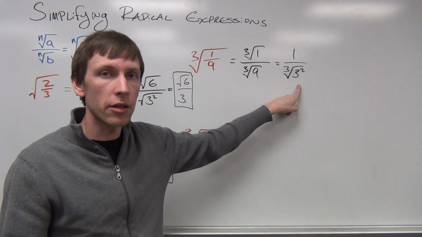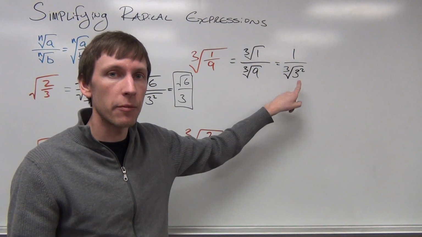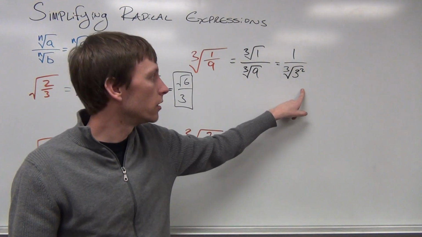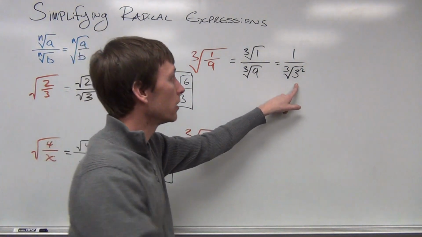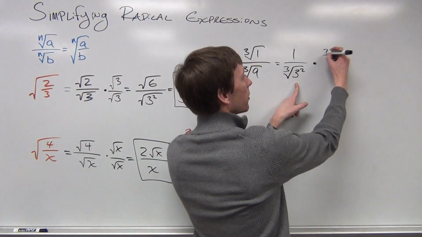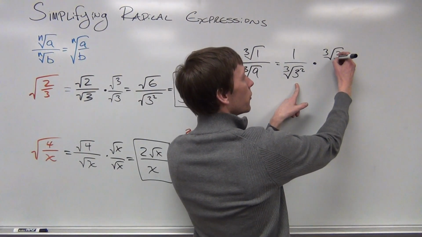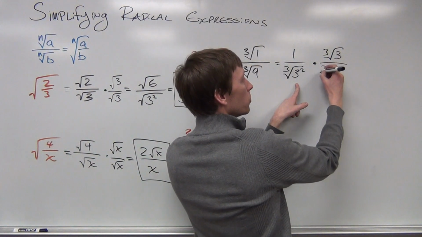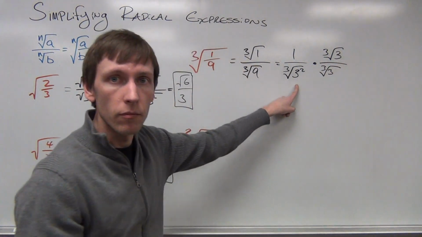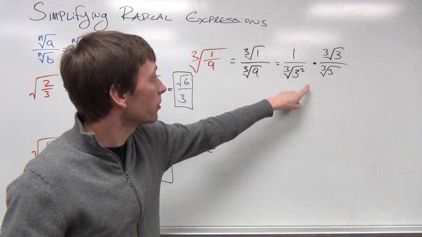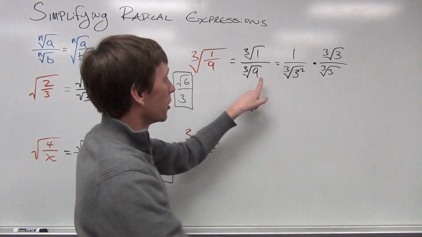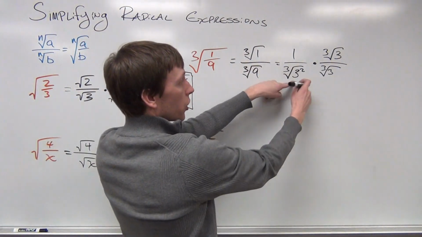Now, if I want to take the cube root, I need to have a perfect cube in my denominator. So I need to multiply by 1, represented as the cube root of 3 to the first power over the cube root of 3 to the first power. Now, when I do this, this is going to give me a denominator of 9 times 3, or 27, 3 to the third.